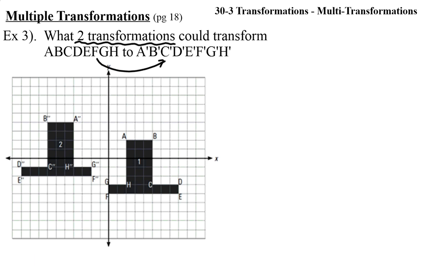So it's kind of nice they labeled them 1, 2, but we know that we are going from A prime, B prime to A double prime, B double prime, C double prime, D double prime, and so on. So we need two transformations that will occur. Take a look at it for a sec, pause the video, and see if you can think of what two transformations would work here.